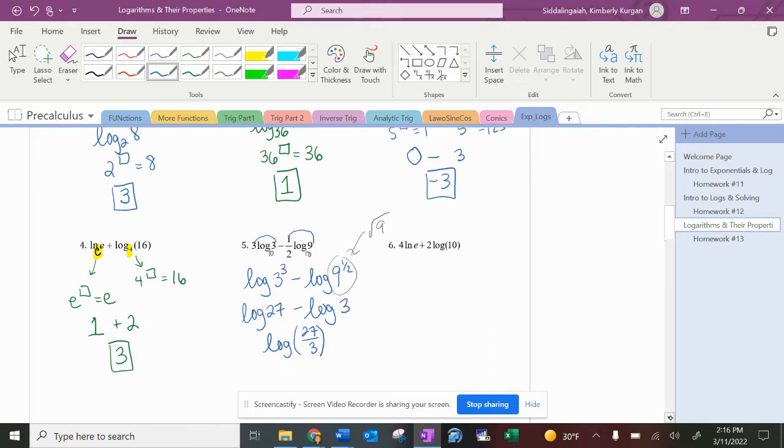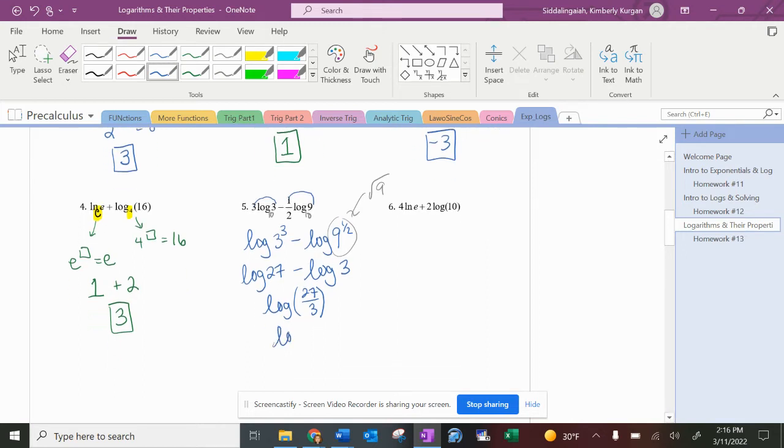And so this is going to become log of 9. Now, we could go further and say 10 to what power gives me 9. There's no nice number for that, so we're going to leave our answer like that. Which feels a little weird considering we've gotten answers of like 3, 1, and negative 3. But sometimes we just can't fully simplify, and that's okay.